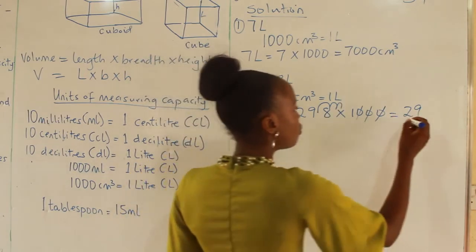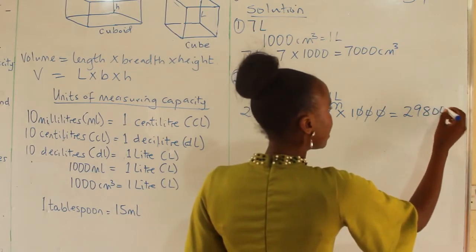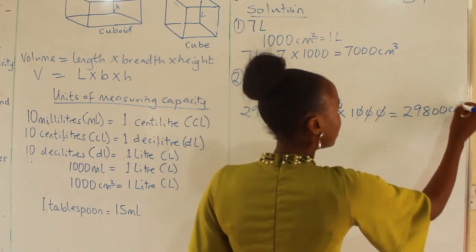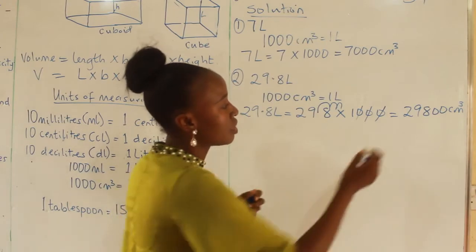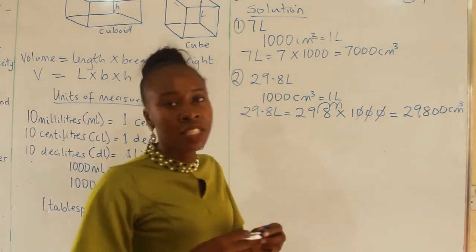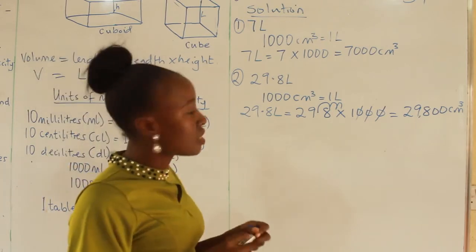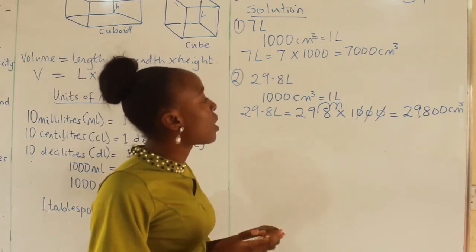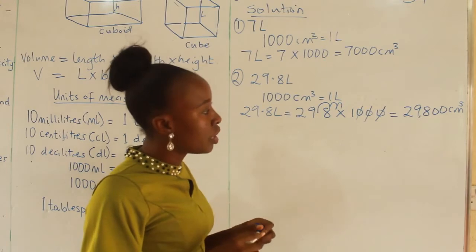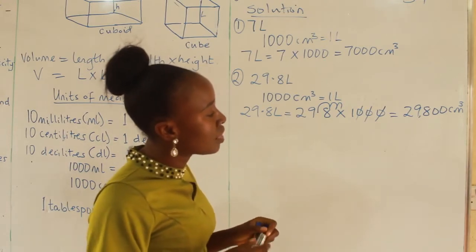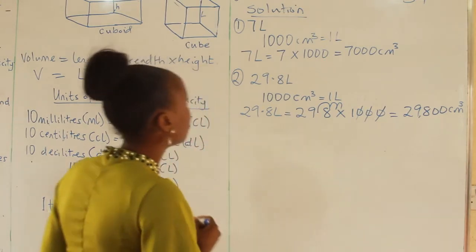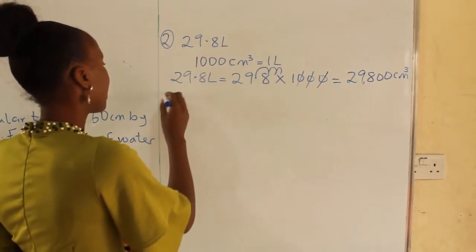So I will have 29800. So my answer now is 29,800 cm cube. Therefore, 29.8 liters expressed in cm cube equals 29,800 cm cube. Question number 3.